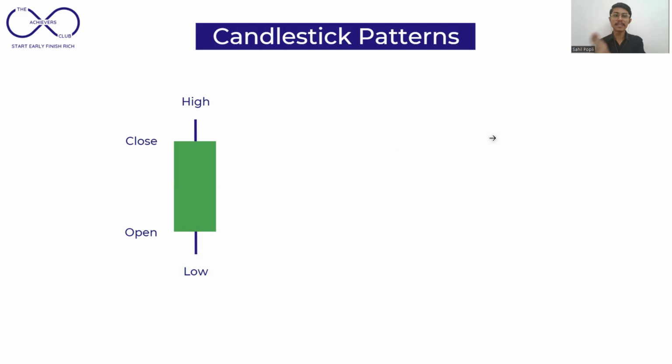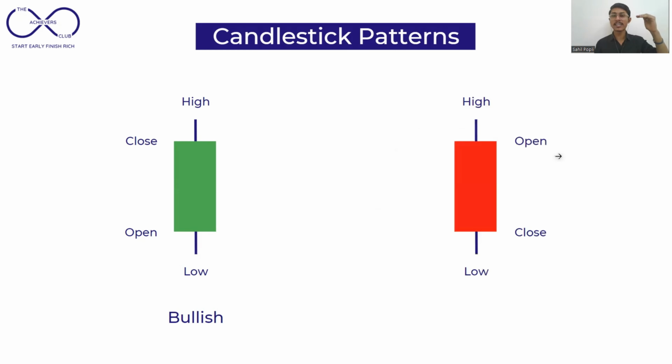The complete opposite is the bearish candle, where the opening price is higher than the closing price. As I've already mentioned, this is a bullish candle, and the opposite is the bearish candle. For both of the days, the high is on the positive side and the low is on the lower side, and that's how the candle is formed.